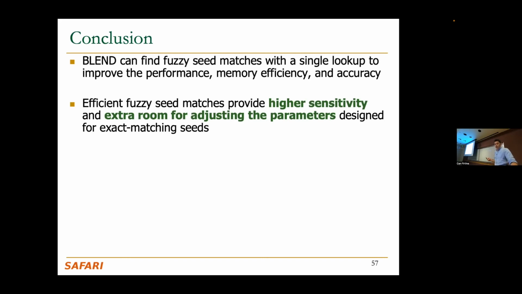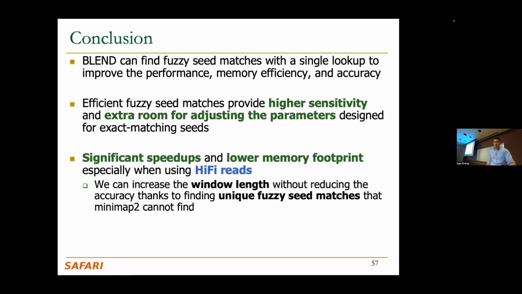So, we also observe that efficient fuzzy seed matches provide higher sensitivity and extra room for adjusting the parameters that are previously strictly designed for exact matching seeds. We also show that we provide significant speedups and lower memory footprint, especially when using hi-fi reads.